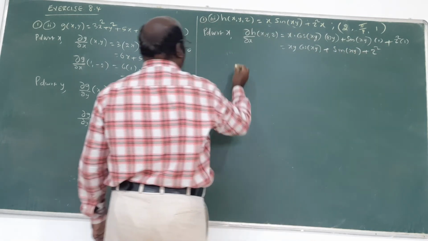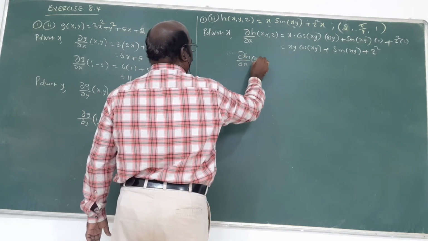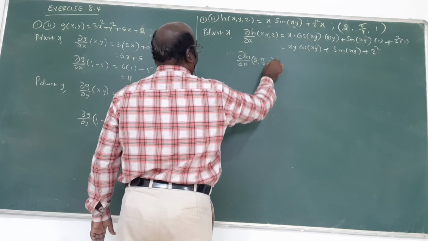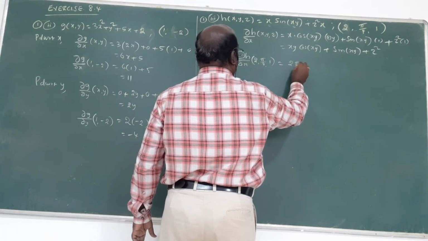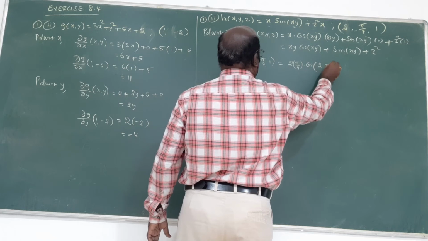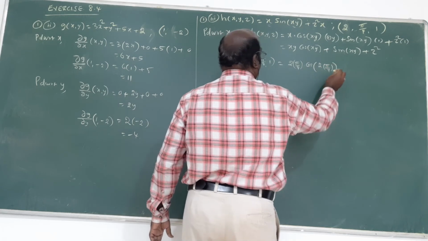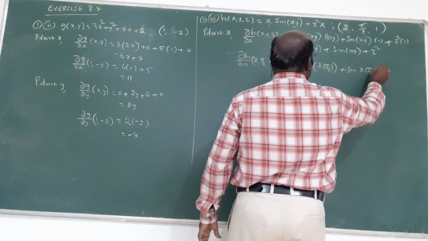Now xy into cos of xy plus sin of xy plus z square. Now substitute the value. Therefore dou h by dou x at (2, 5 by 4): x is 2, y is 5 by 4. Here cos of 2 into 5 by 4, okay? Plus sin of 2 into 5 by 4.